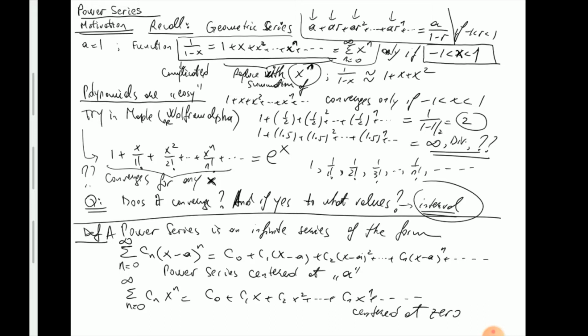The three examples before were of this format. For example, the one for e to the x, the one involving 1 plus x over 1 factorial, x squared over 2 factorial, and so on, was centered at 0, and c_n was 1 over n factorial. So in the next pages, we're going to go over these types of series and figure out for what values of x they will converge. So stay tuned.